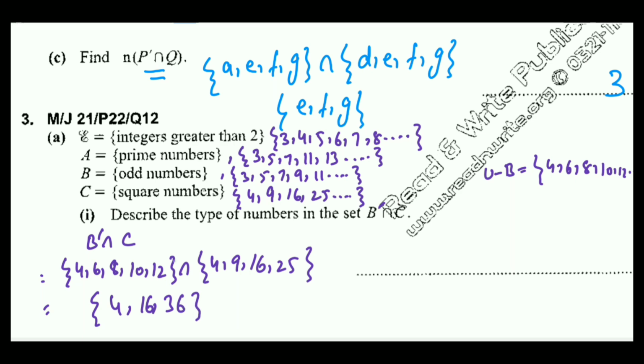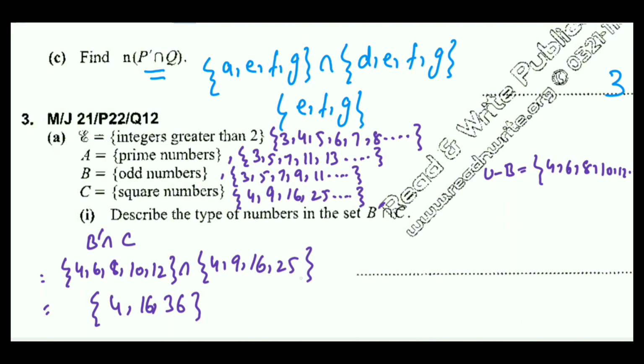As you can see, we have not written all the numbers in B complement. Other numbers of B complement are 14, 16, 18, 20, 22, 24 and so on. So we have taken the common numbers, we will write 4, 16 and 36.